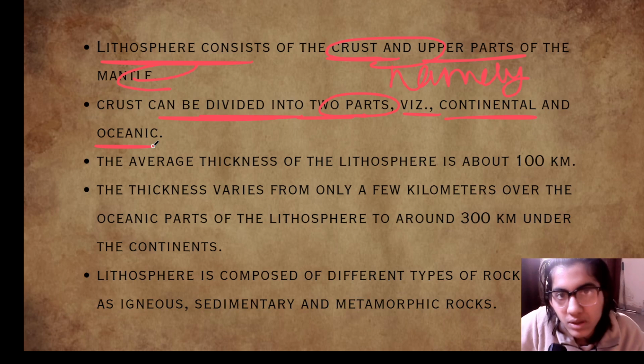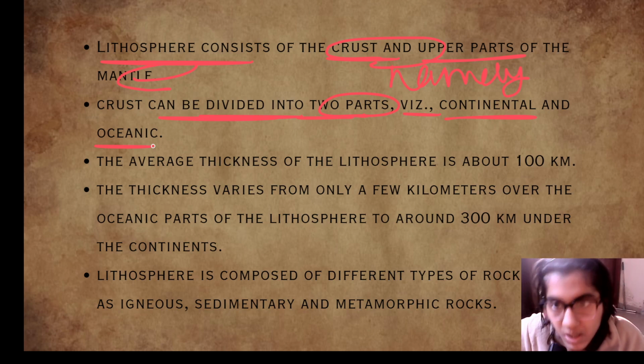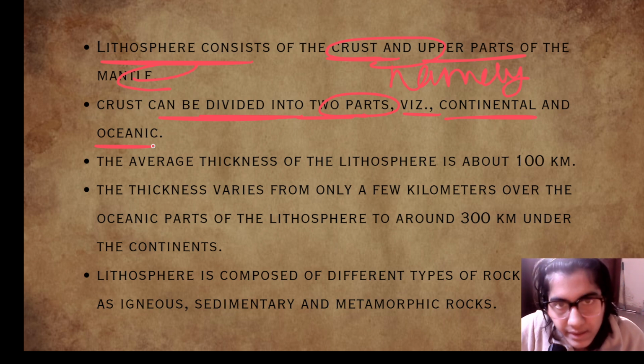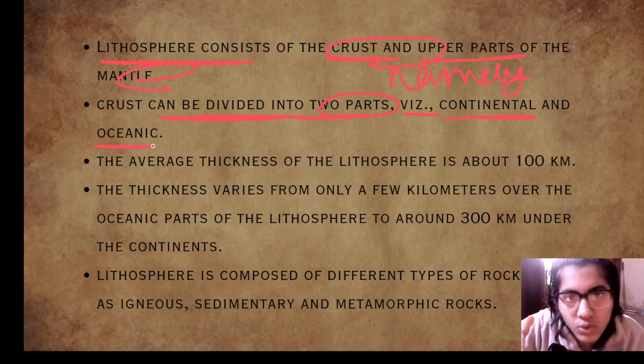The land mass of the continents is called the continental crust, and the land mass of the oceans is called the oceanic crust.